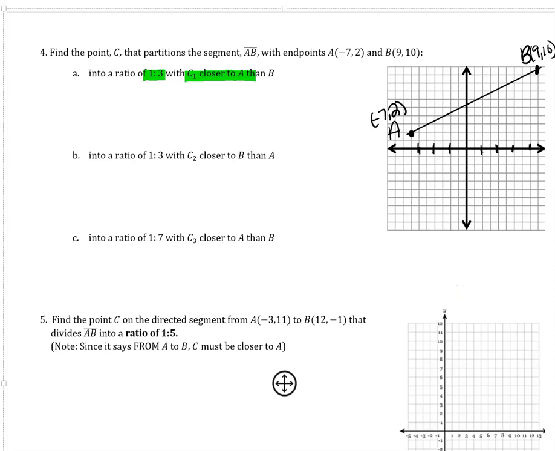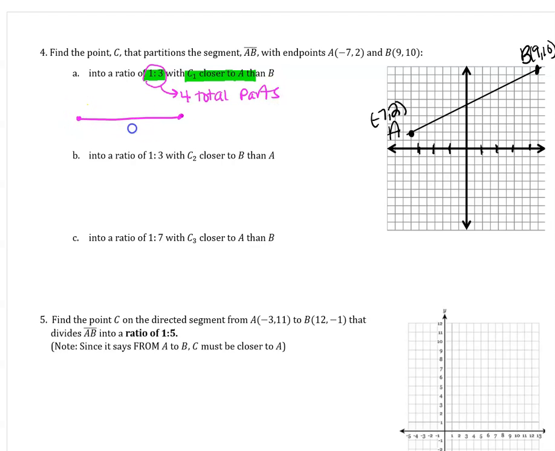When I read the ratio of 1 to 3, just like how 1 to 1 was 2 total parts, 1 to 3 is 4 total parts. You think of your segment AB split into 4 total parts, so 1, 2, 3 dashes in between.